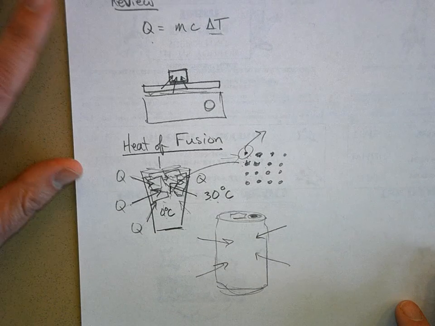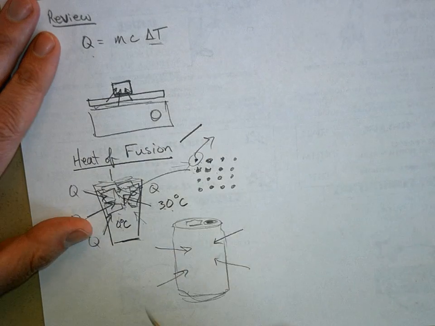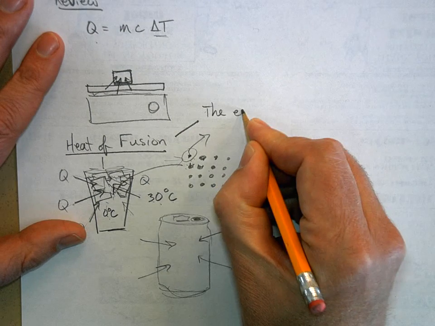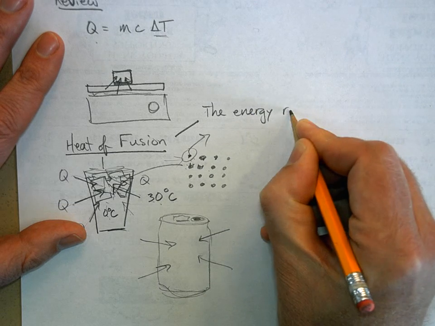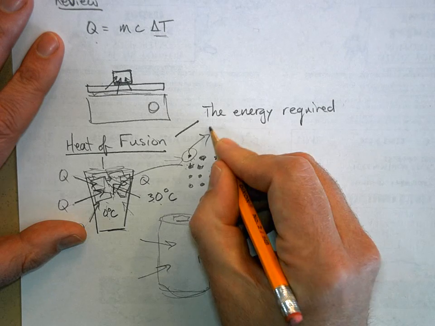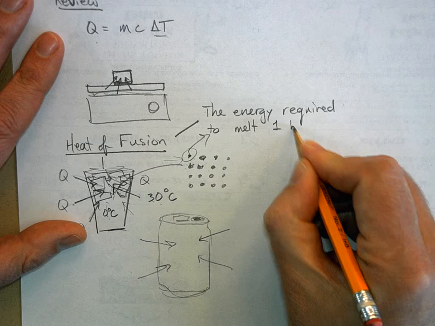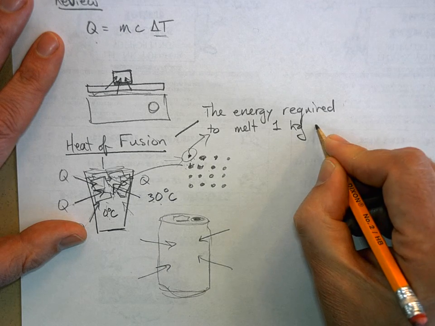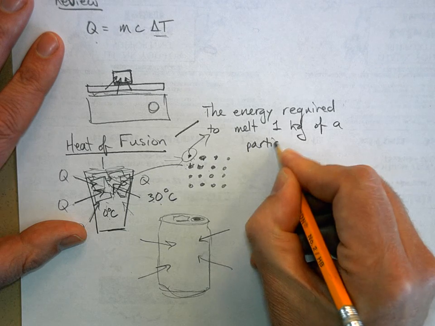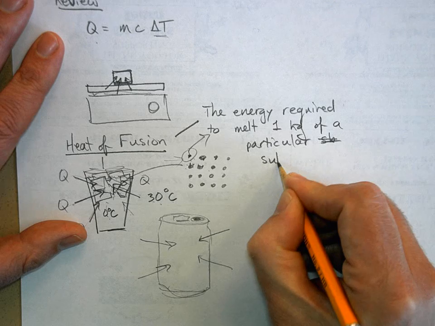The heat of fusion is, I'll just write it up here, the energy required to melt 1 kilogram of a particular substance.